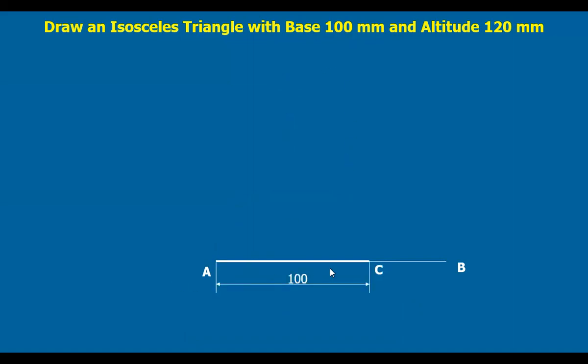That is the base, horizontal. Generally, we draw it horizontally. And draw a perpendicular bisector for AC only. This intersects here at 2 points, and the midpoint is obtained here on AC. Extend this perpendicular bisector line upwards.